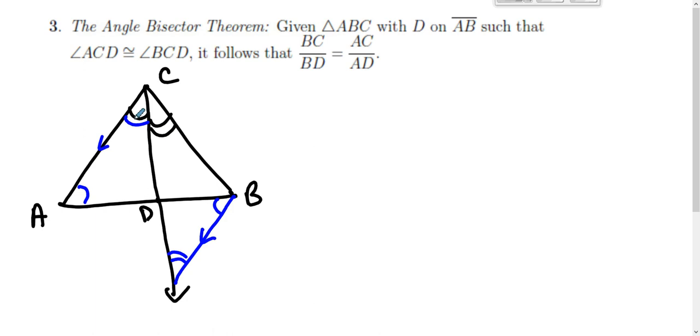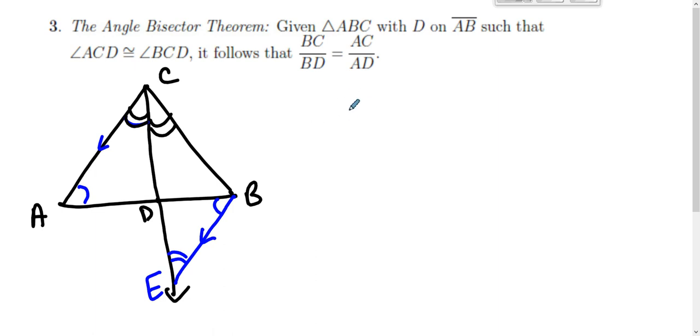Should probably give this two swoopies, which means that triangle ACD is similar to triangle BED. And that means that AB is to, nope, that's not true.